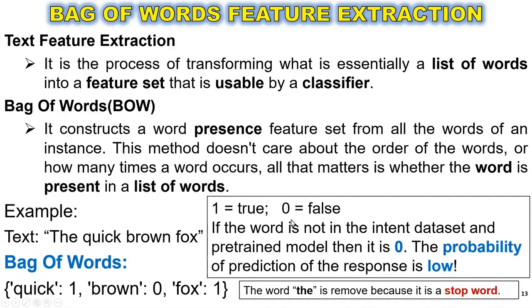And then the probability of prediction of that response will be low compared to a word that has been assigned a value of 1. The probability of 1 is high during the prediction process.